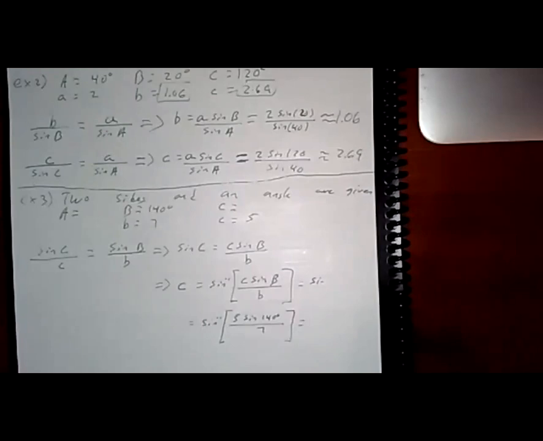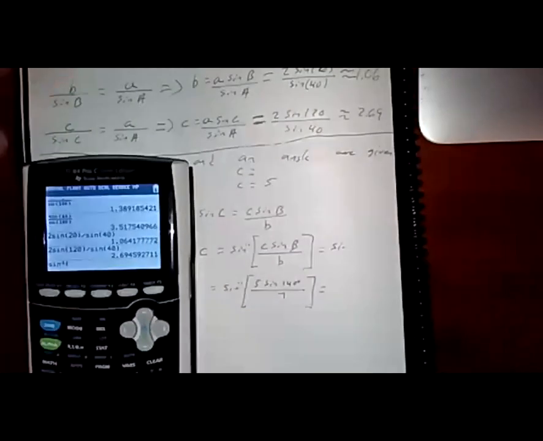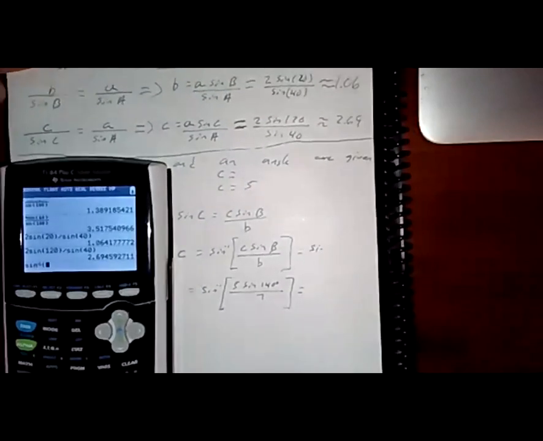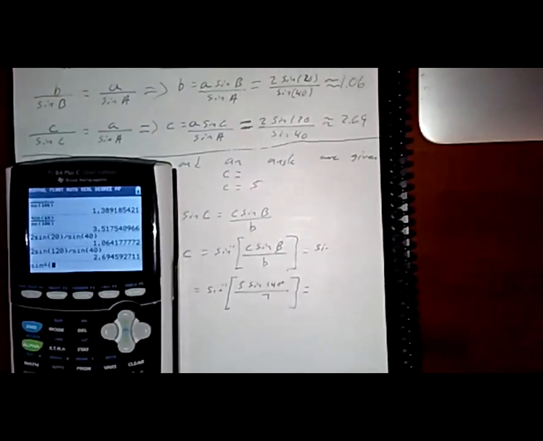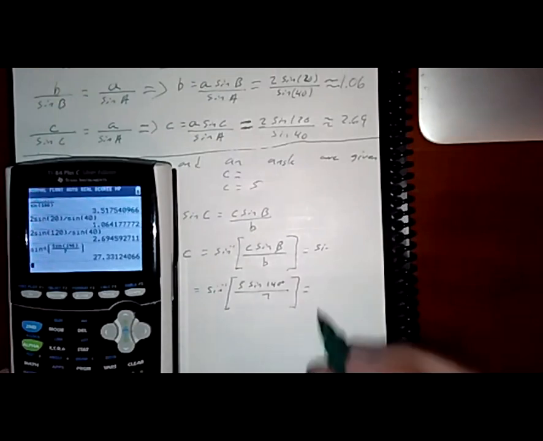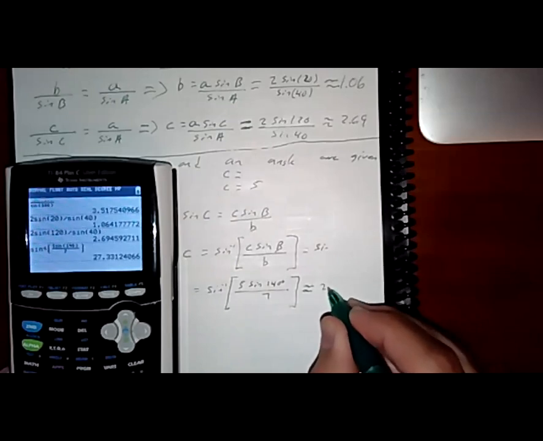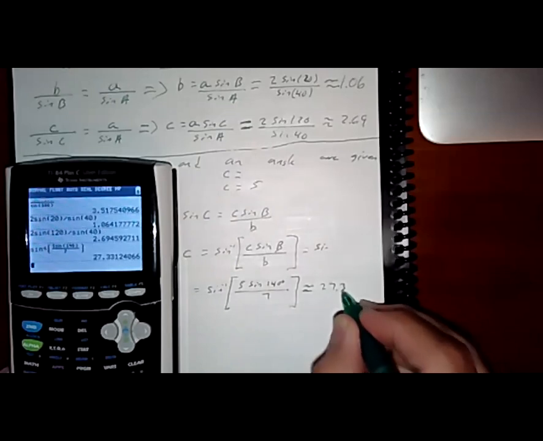A second, sine inverse of 5 sine 140 over 7. So we get an angle of approximately 27.33 degrees.